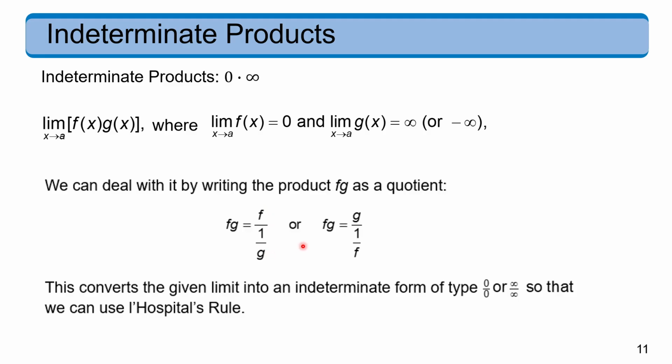Or the other option is you could move f to the denominator by putting its reciprocal in the denominator. So two different ways you could rewrite f times g as a fraction. Now when you do this, the new fraction that you've written, either here or here, will be one of these two types. And those are the types where you can use L'Hopital's rule.